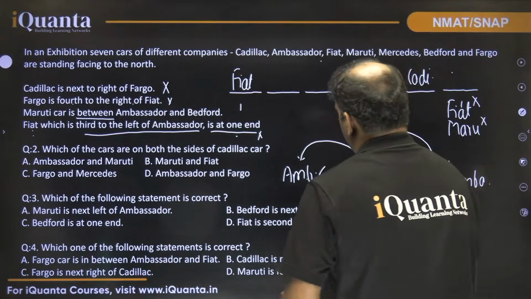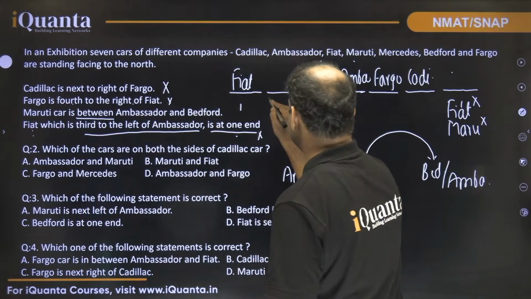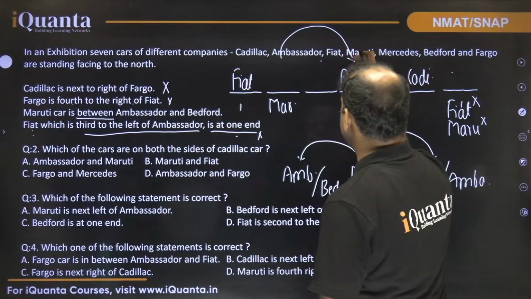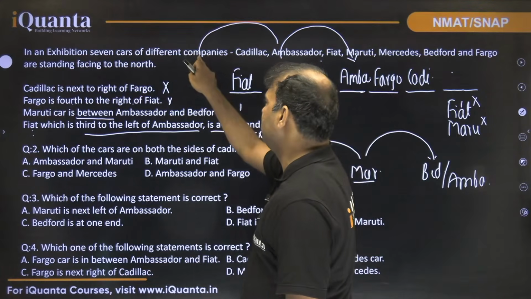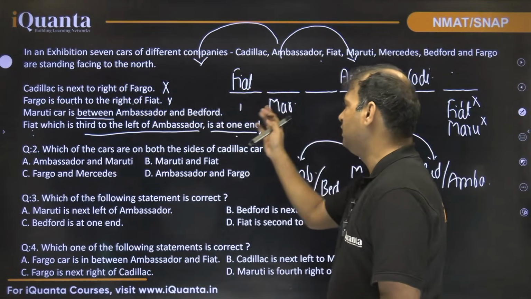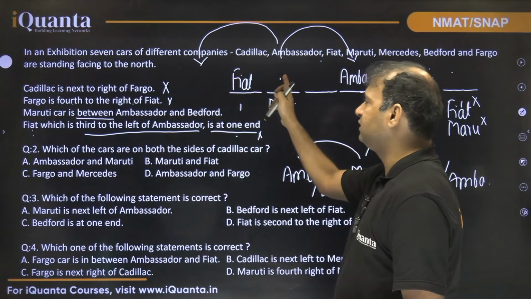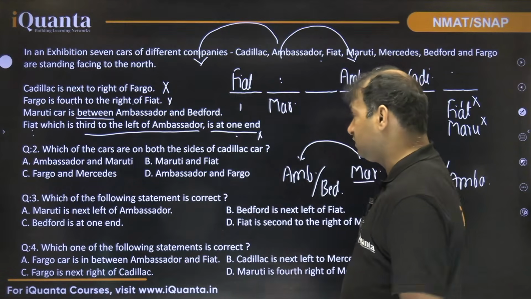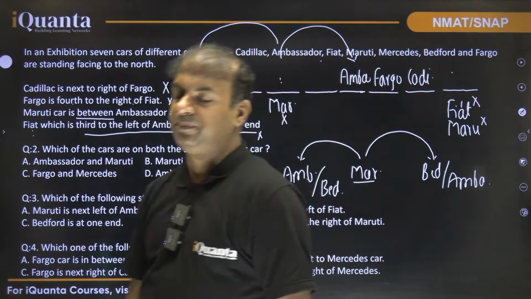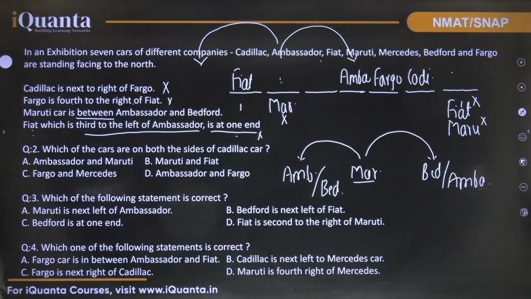Guys, in the same way, let's say this is Maruti. Then Ambassador is to the right of Maruti, and Bedford should be to the left of Maruti, but there is no place left to the left of Maruti if Maruti is here. Because of this reason, Maruti cannot be placed here.